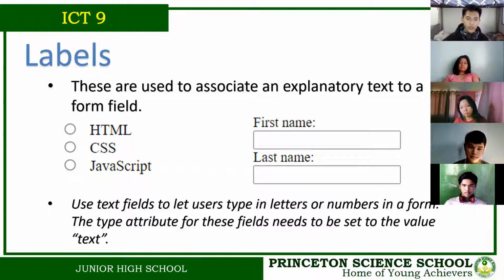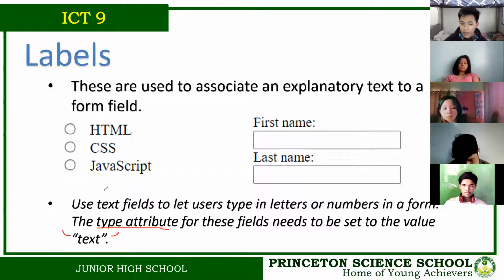So there's another thing: for text fields, their type attribute should always be text, because the user needs to provide information that they can read. Text is the most basic type of attribute that everyone can read. Later we'll elaborate on that further.